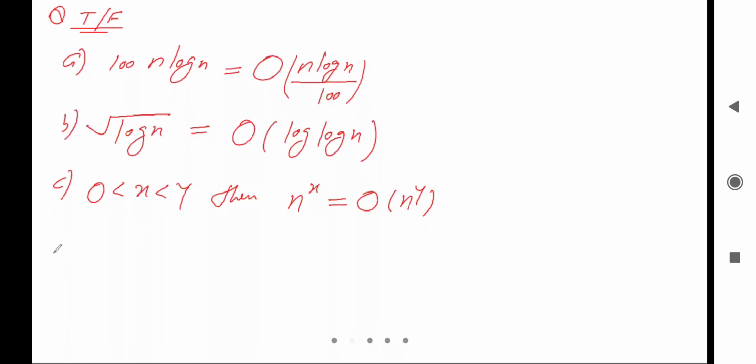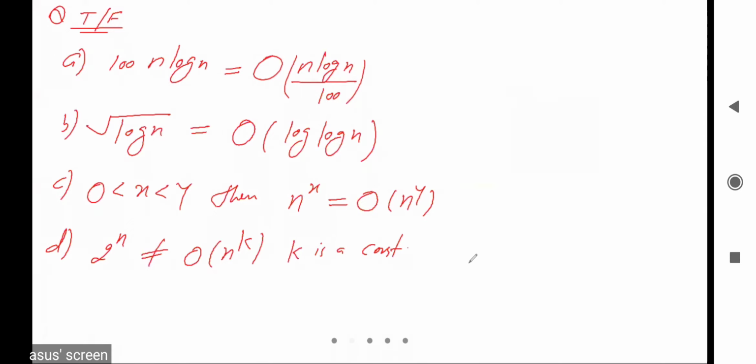Okay, next, option d, it is 2 power n not equal to order of n power k, where k is a constant. So which of the following is true or false, right? You have to tell which is true and which is false.